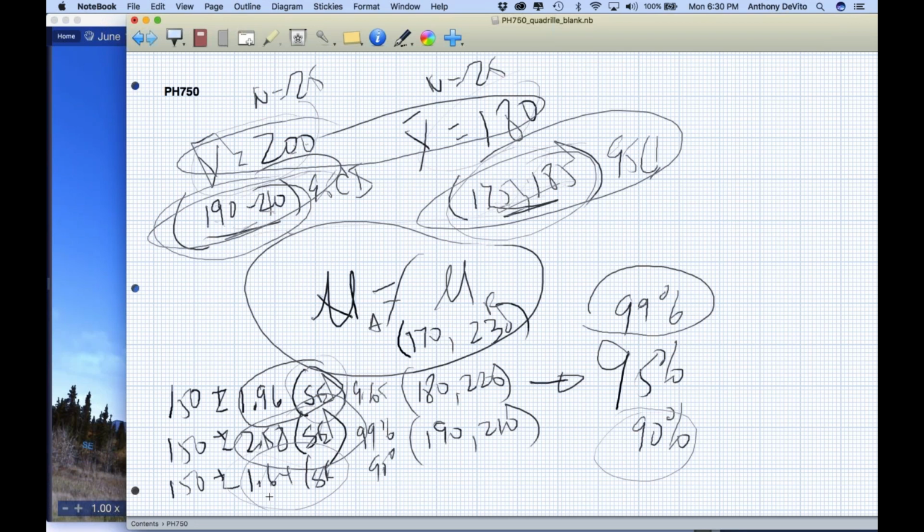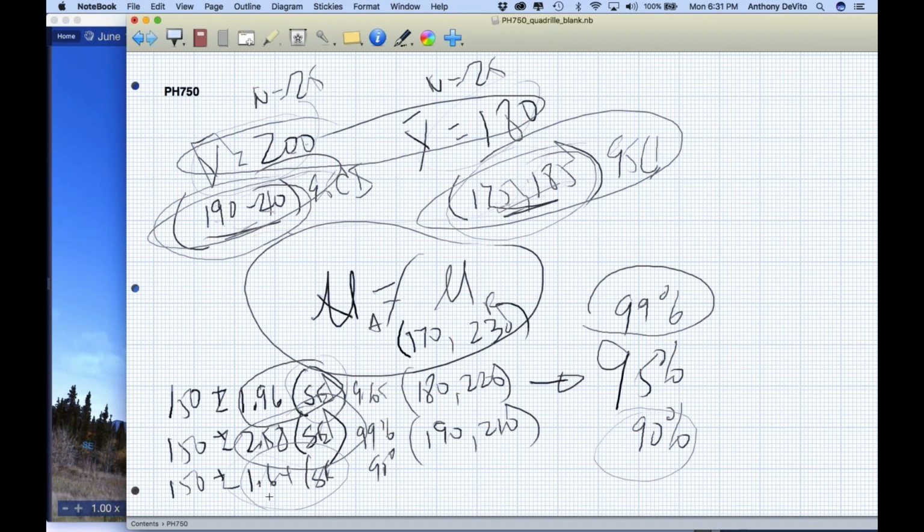So concept-wise, this can seem a little challenging. When we actually put it to work, if you follow a few basic rules and remember a couple of numbers like 1.96 and 2.58 and so on, it's really going to be simple to apply. But there are some basic rules you have to remember to apply, such as making sure you know when you're dealing with samples and when you're dealing with population parameters.